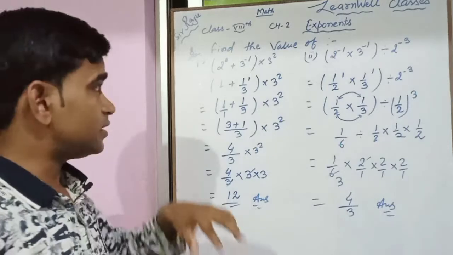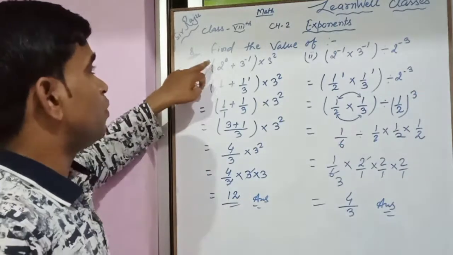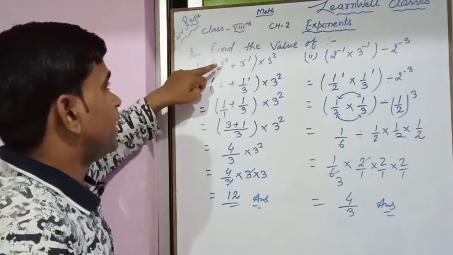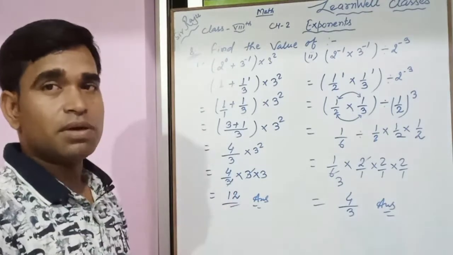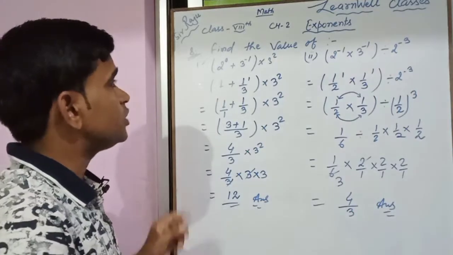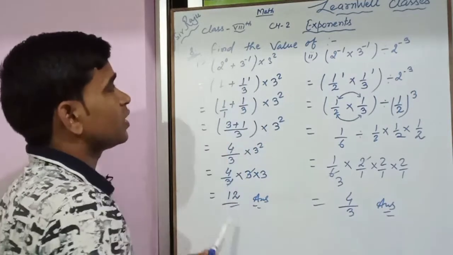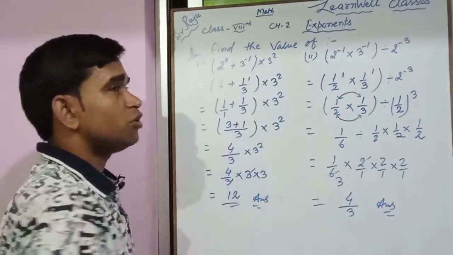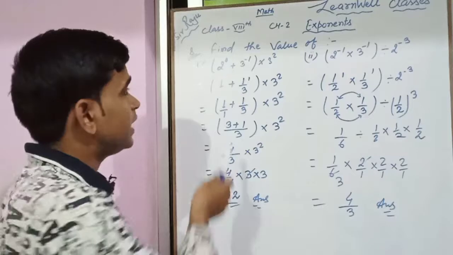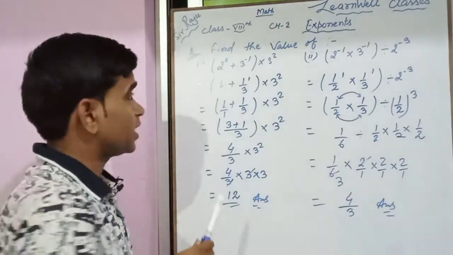So let's repeat again. Find the value of 2 raised to the power 0 plus 3 raised to the power minus 1 into 3 raised to the power 2. When the exponent is 0, that value is only 1.